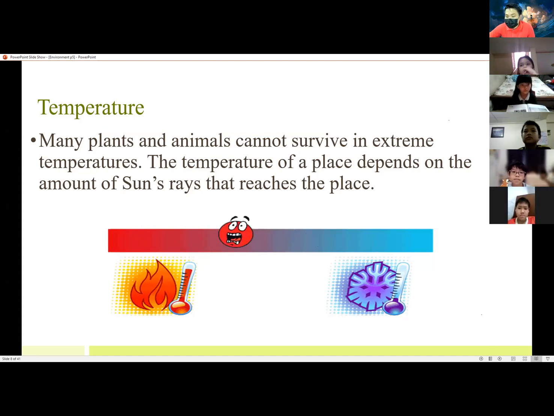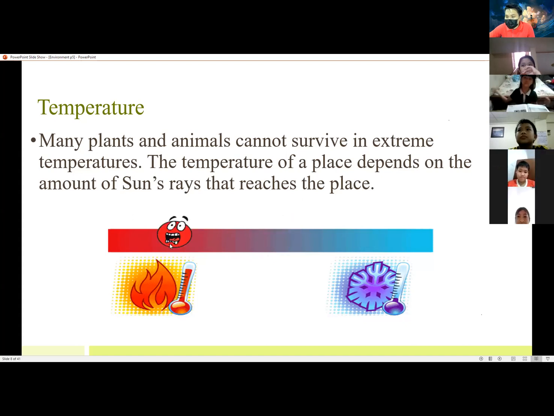A lot of pigeons in Thailand. But if you go out sometimes, you can see dead birds or dead pigeons. Why? Because Thailand has extreme temperature, extreme heat.